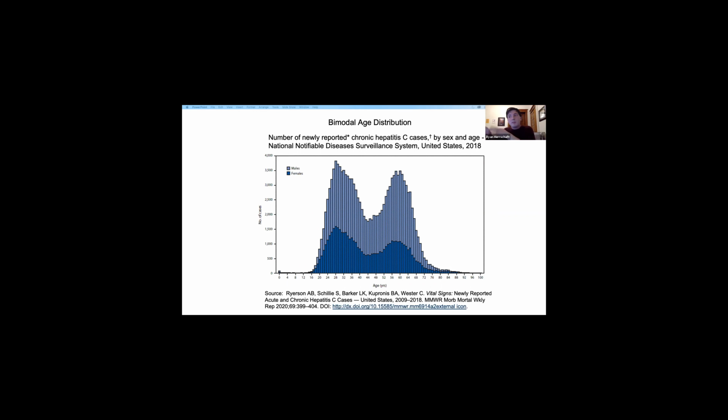And then we also see higher rates in the older population. Those might be late diagnosed cases that originated from injection drug use, but it might also be transmissions that happened due to medical exposures.